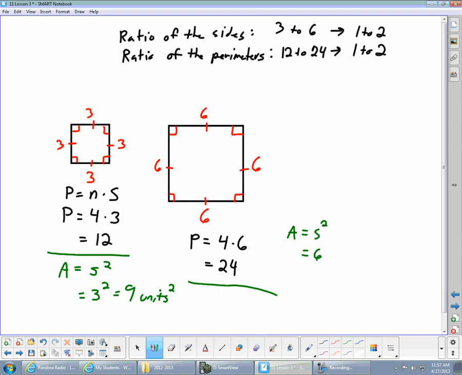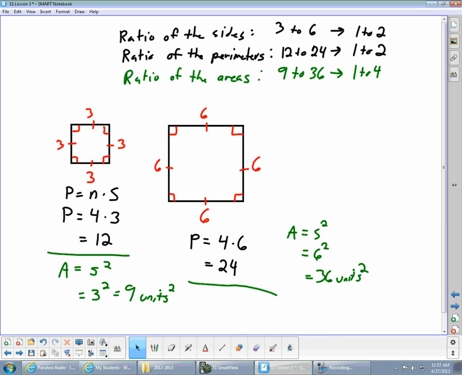Now we have 6 squared, and 6 squared is 36 square units. So what is the ratio of the areas? The ratio of the areas is going to be 9 to 36, which reduces to 1 to 4, not 1 to 2.